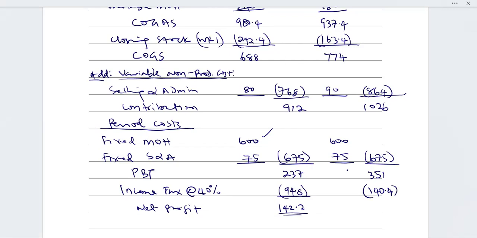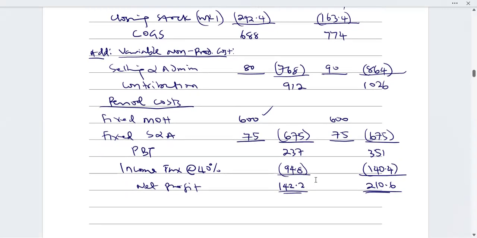What's the difference now? 210.6. Am I correct? Yeah. So we have just completed income statements using the absorption costing method and then the variable costing method.